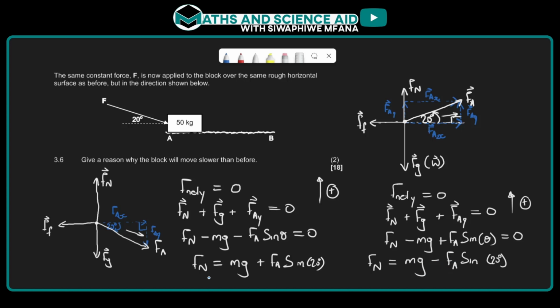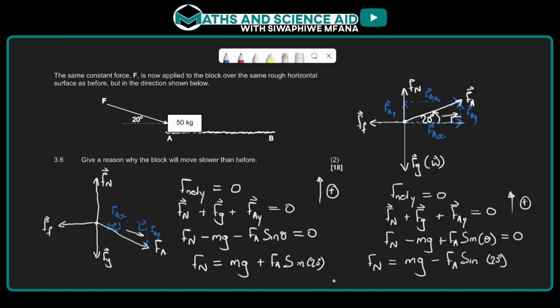And in this case, the normal force is now given by Fg again, which is the gravitational force, but this time around plus the y component of the applied force. So as you can see here, the normal force is going to be greater in magnitude than the normal force that we had in the first scenario.